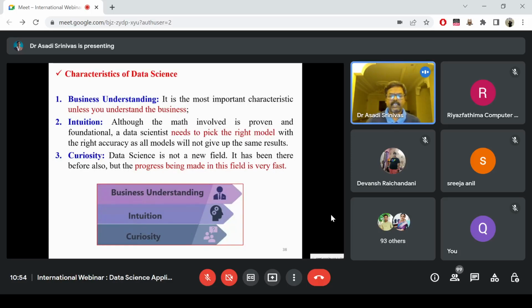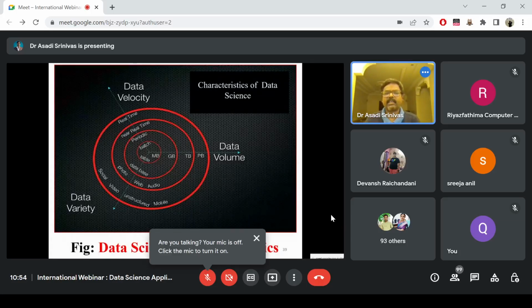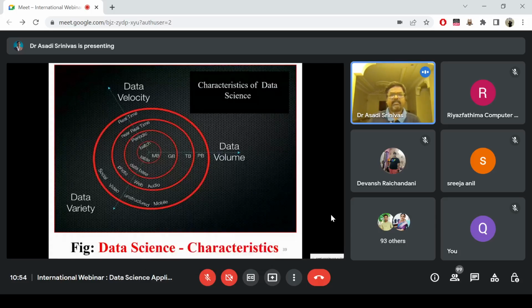If you see the subject characteristics of data science, volume is one of the characteristics. It describes the size of the data. The size may be megabytes, gigabytes, terabytes, and petabytes. And data velocity is nothing but the way we are storing real-time data, near-time data, periodic data, and batch processing the data.